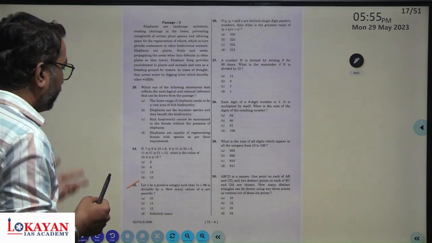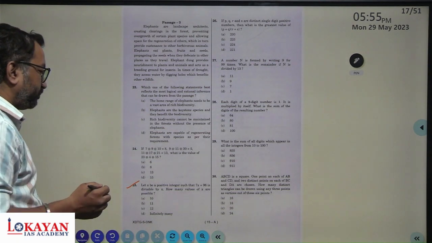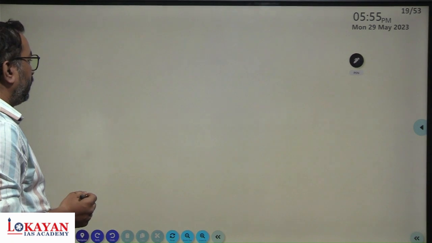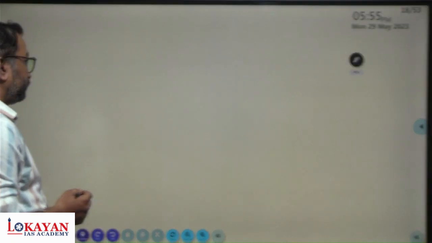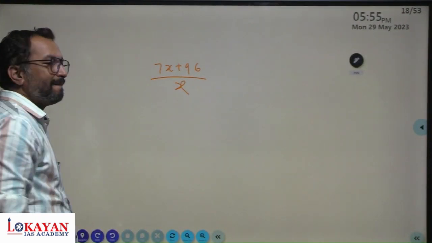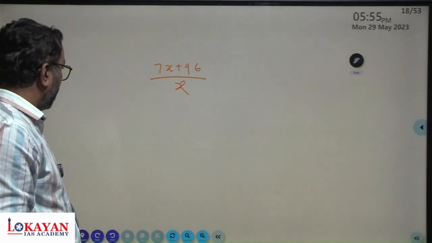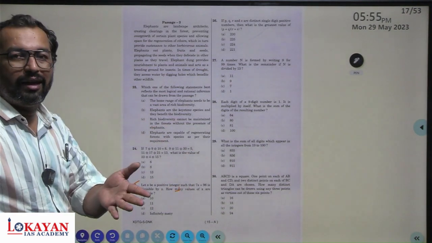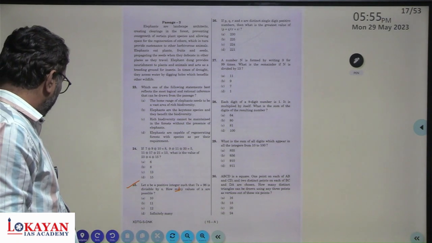Now they have said 7x plus 96 is divisible by x. How many values of x are possible? Let's check.